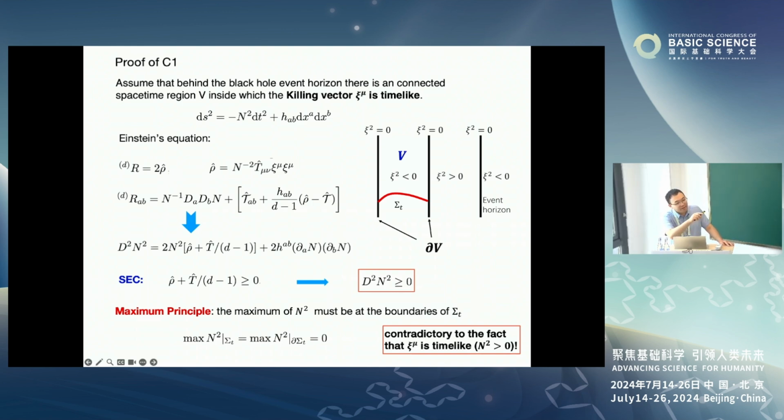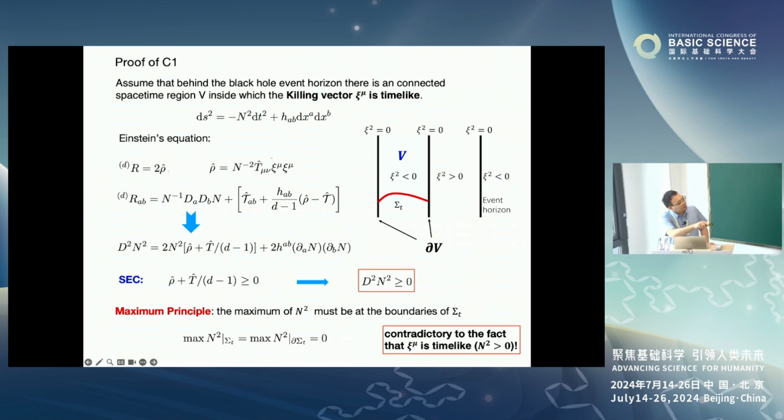And since it is a static space-time, we can use the 3+1 decomposition. So the metric in general can be given by this form. N is the lapse function, and h_AB is the spatial metric on this spacelike surface, sigma t. Then the Einstein equation also has these two parts.